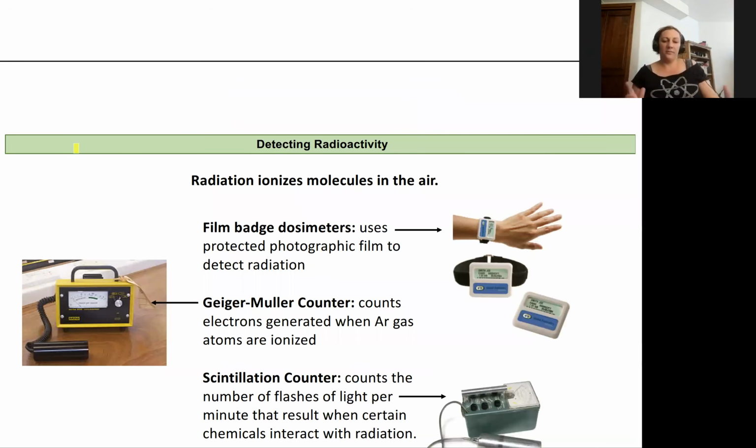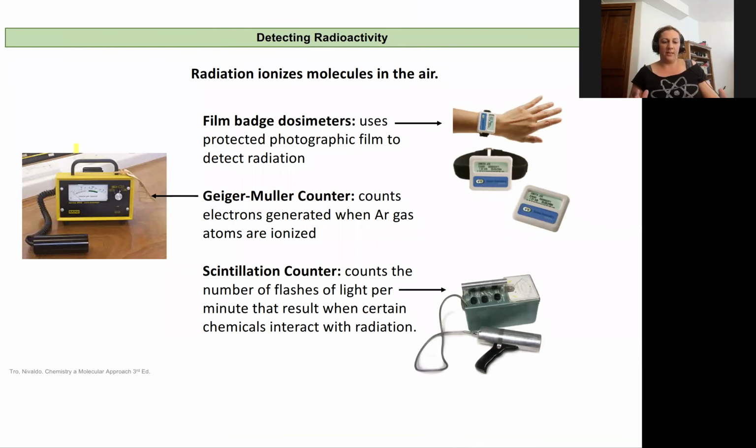So here are just a few ways that we detect radiation. I think the most well known is a Geiger counter, and the imagery of the Geiger counter clicking and buzzing as it detects radioactive particles. It's really counting the electrons that are generated as you ionize argon gas. As the radiation interacts with the argon gas, it ionizes it, and those electrons are what the Geiger counter is clicking and counting.